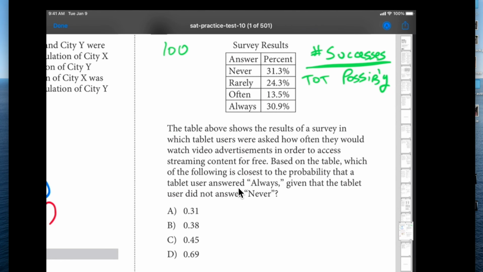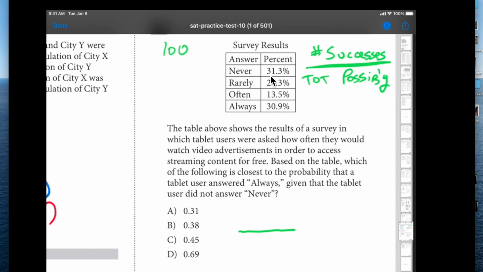Okay, probability that they answered always. If the probability that they answered always was as is, you would say 30 over 100. But they exclude a certain number of people. So they say the total possibilities is that the students did not answer never.